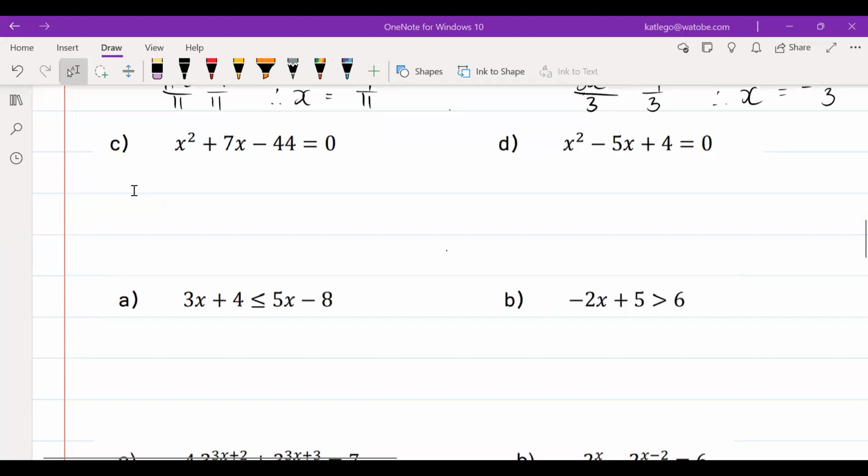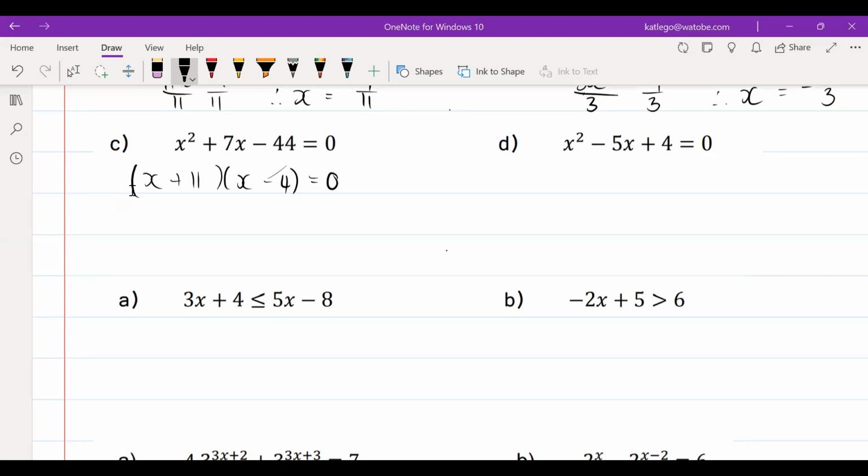Trinomial. Yes, it is. We're gonna factorize, right? Yep. Wonderful. Are you gonna do it with me? Yeah. x plus 11 and x minus 4. Thank you. And now what happens after we factorize? There's more. We have to split them and solve.